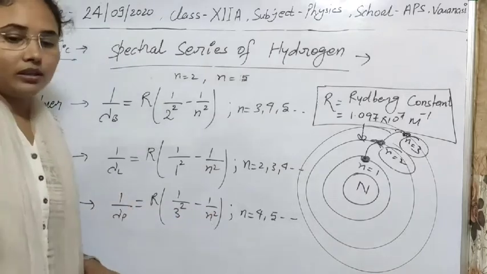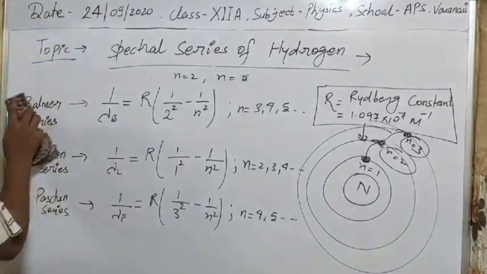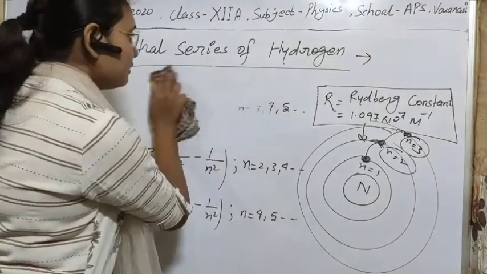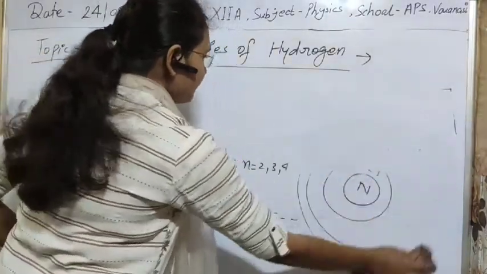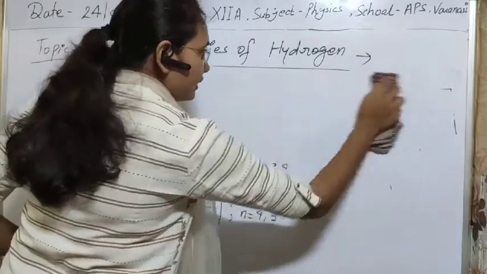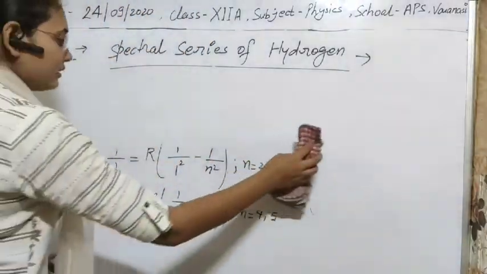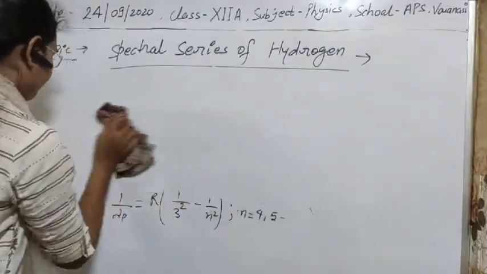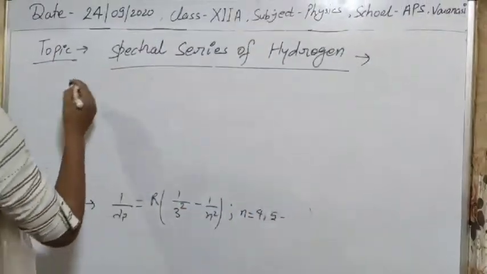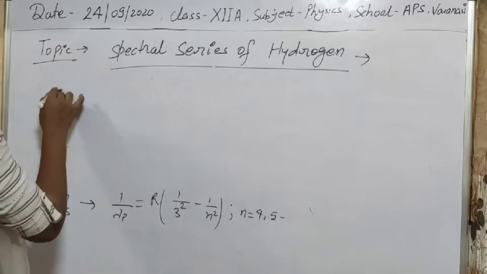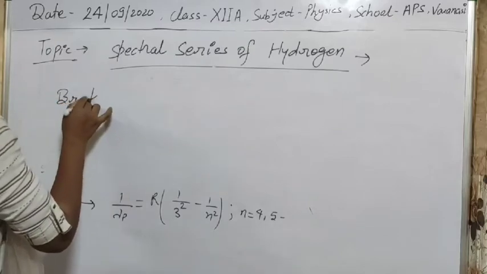Okay. There are 2 more series obtained for the simple hydrogen atom. Let's see that. Here I have already written the value of R, which is the Rydberg constant. So the next series is the Brackett series.